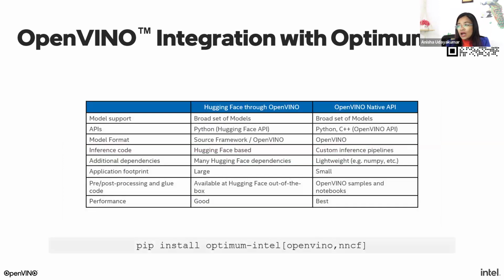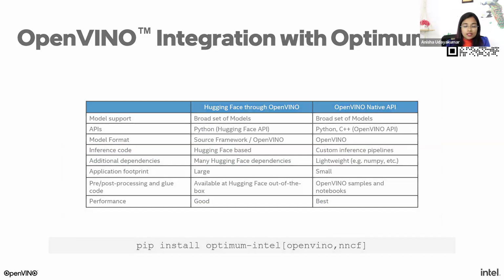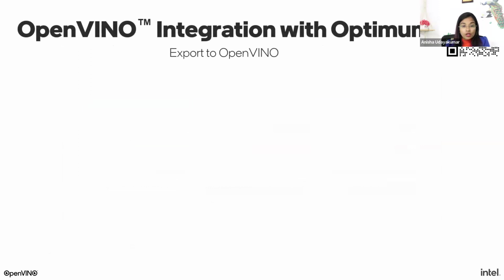And these are some of the numbers. And if you want to install, it's again easy. If you're a Python developer, pip install Optimum Intel, and you'll be able to play around with all the popular models and see the performance on your very own CPU machine or the other machines that you have.